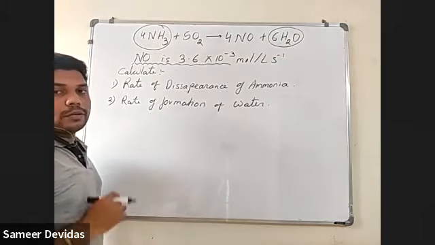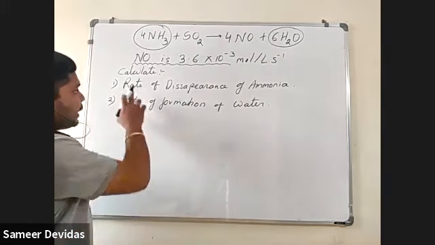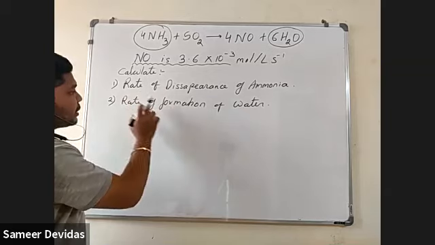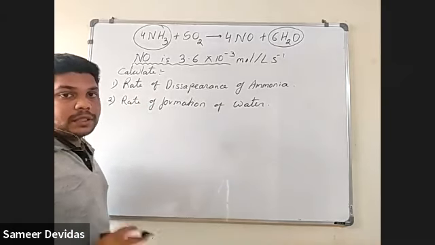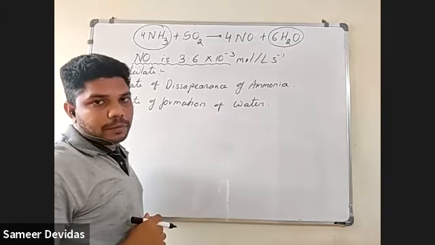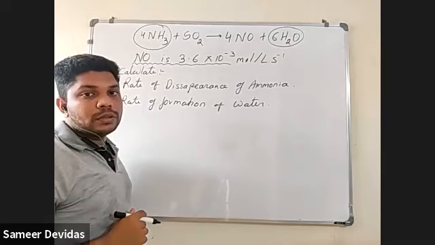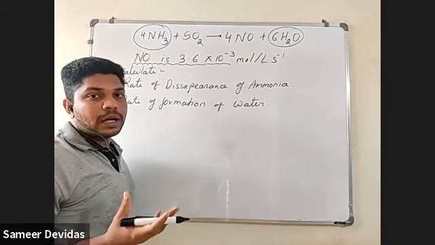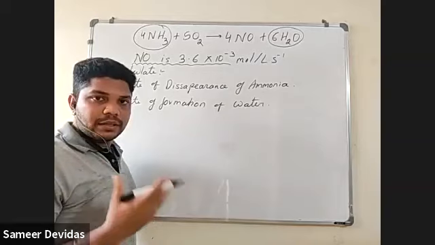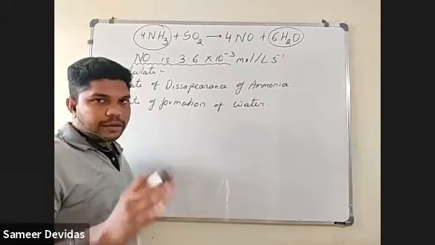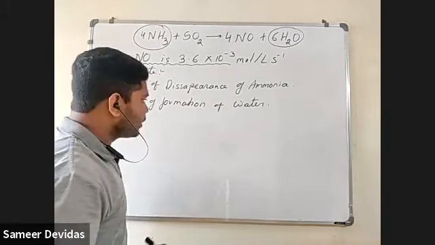So how are we going to solve such a problem? They have said rate of disappearance, rate of formation. That means to solve this type of problem, you need to use which particular formulas? Either instantaneous or average. Most of the time we use the instantaneous rate.